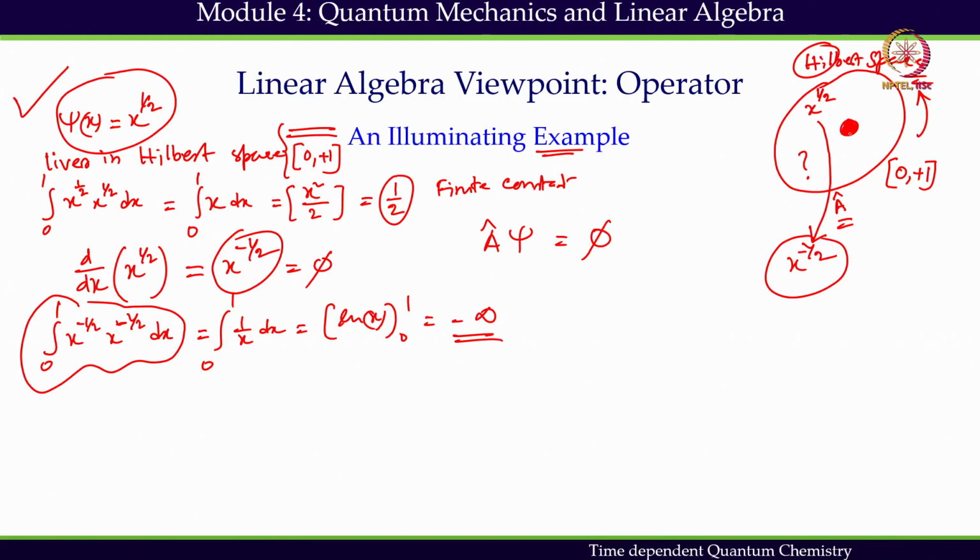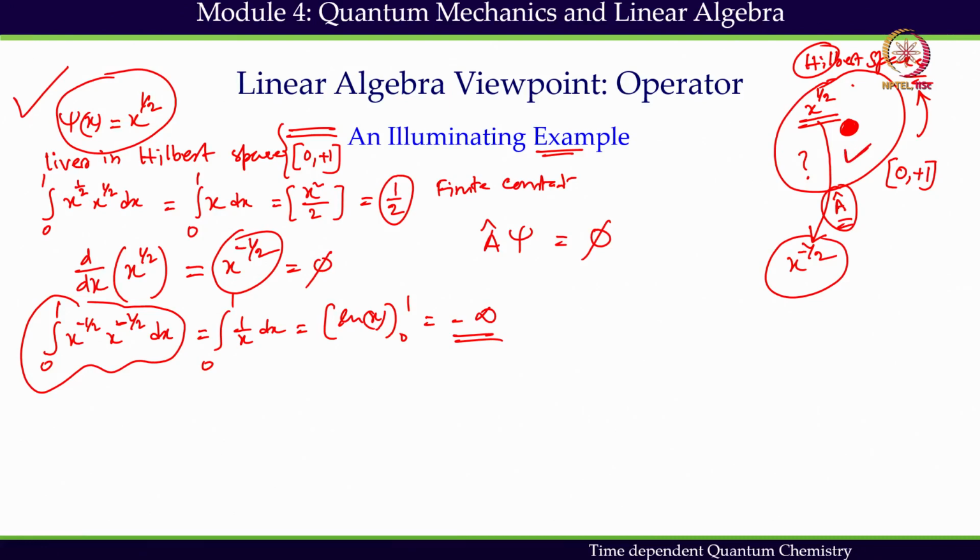The defining condition of using that Hilbert space is that any function which I am using as a solution of the quantum system should stay in the Hilbert space. In addition, if an operator acts on that wave function, the new wave function should also stay in the same Hilbert space. That is the defining condition.